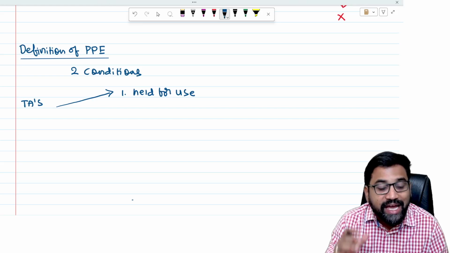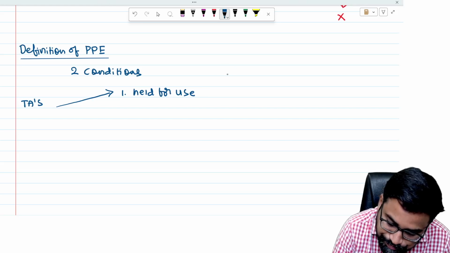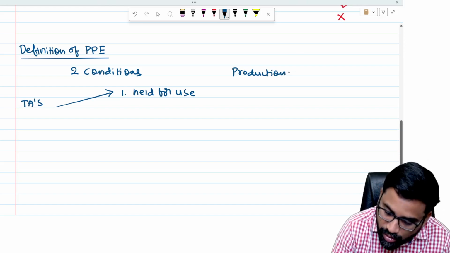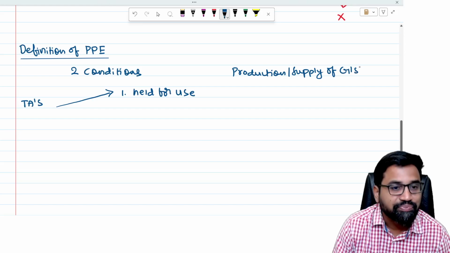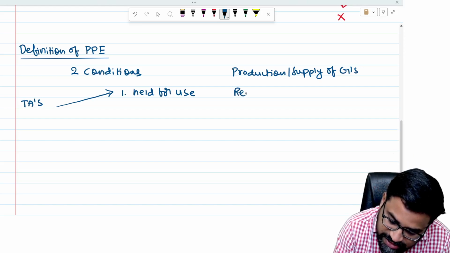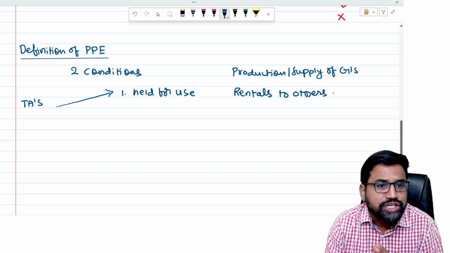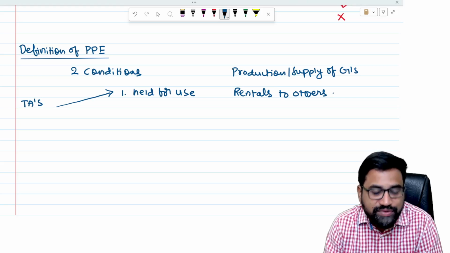Organizations sometimes need assets for admin purposes also. So this asset may be held for use in production, or supply of goods or services, or held for rental to others. We don't want to use it in production or supply, but we may use it for rental to others.